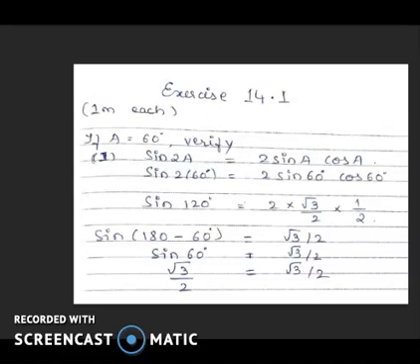Now sin 120 degree can be written as 180 minus 60. Split 120 as 180 degree minus 60 degree.